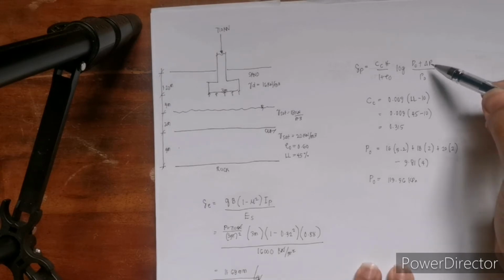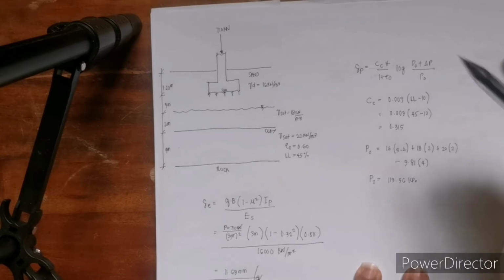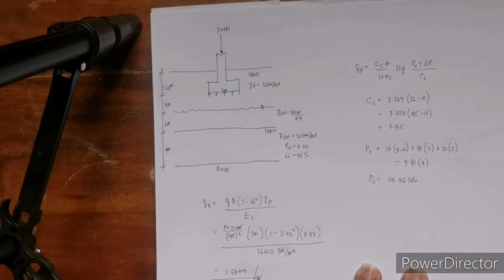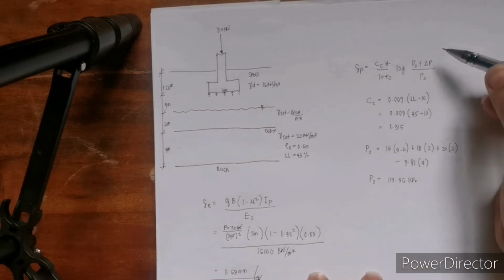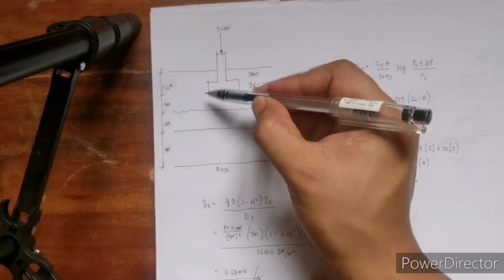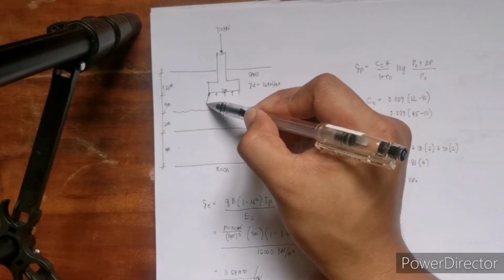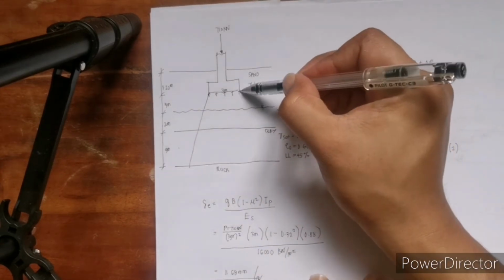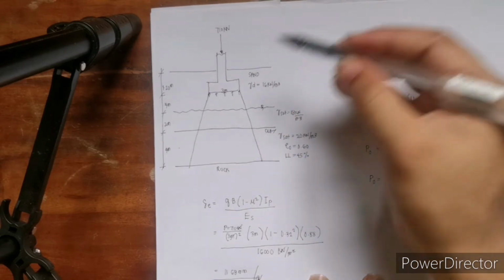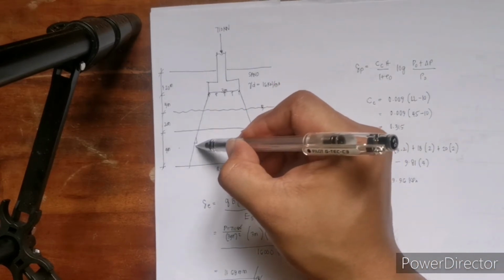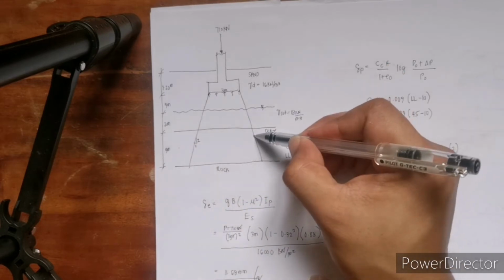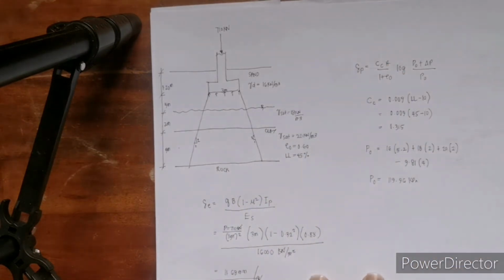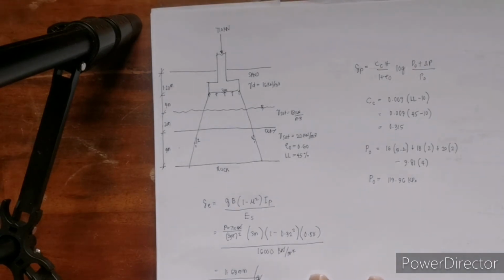And then, compute for delta P. Delta P is the additional stress at the mid-height of the clay layer. So, for us to compute this one, we will use the trapezoidal rule. Yung 1:2 method. So, magkikreate lang daw tayo ng trapezoid dyan. And then, yung slope ng ating trapezoid, 1 is yung horizontal, and then 2 yung vertical, both sides of our trapezoid.